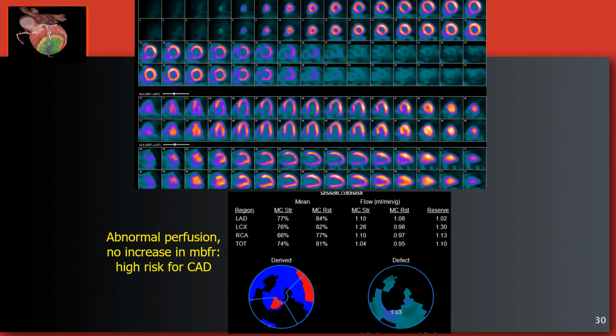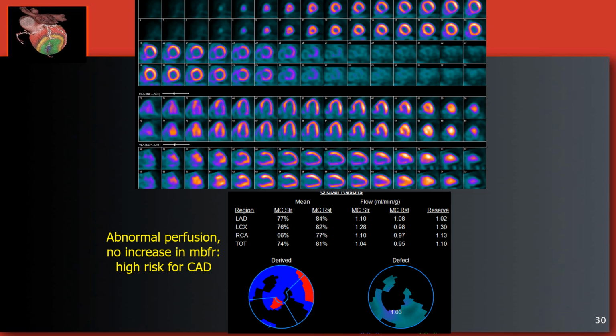Now, this patient has abnormal perfusion with no increase in myocardial blood flow reserve. This is a patient that is very high risk for coronary artery disease. If you look at the perfusion on the short axis, you see inferior lateral defect, and you also see a lot of thinning. I would guess just by looking at it that this patient probably had a high TID ratio also.